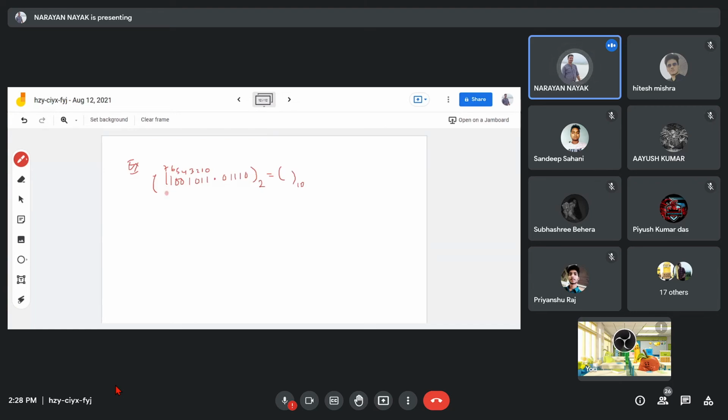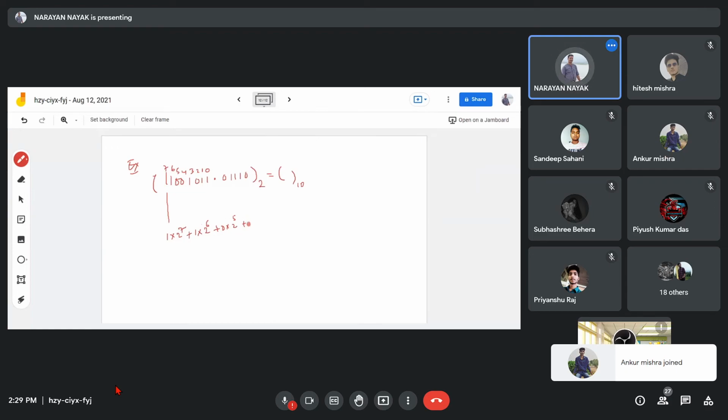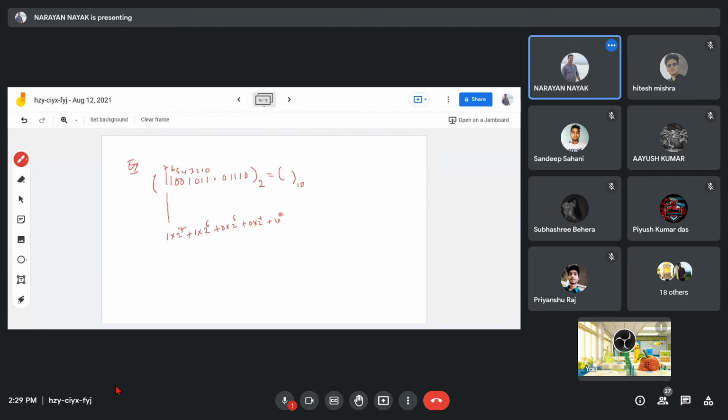Okay. So I think you'll write this one is your 1 into 2 to the power 7 plus 1 into 2 to the power 6 plus 0 into 2 to the power 5, okay, plus 0 into 2 to the power 4 plus 1 into 2 to the power 3, clear, plus 0 into 2 to the power 2 plus 1 into 2 to the power 1 plus 1 into 2 to the power 0.